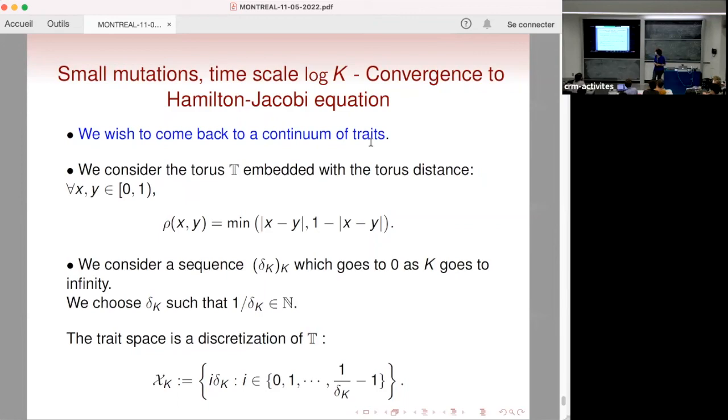And so we will change our mind: we will consider at the beginning a discretized space, but we will make the discretization step go to 0 at the time scale logarithm of K, with an assumption on the size of the mutation. So I think I can finish here.